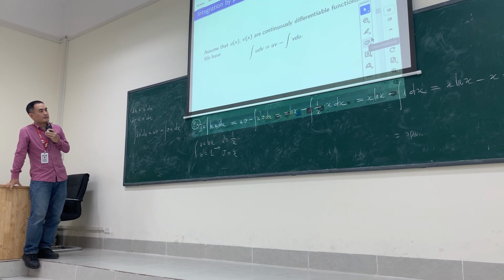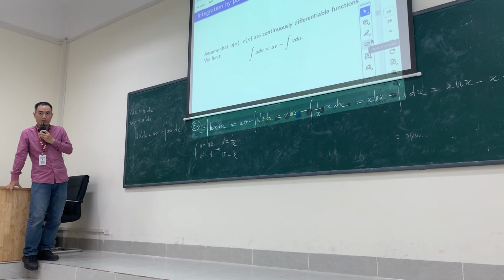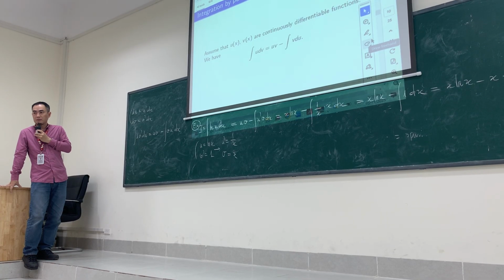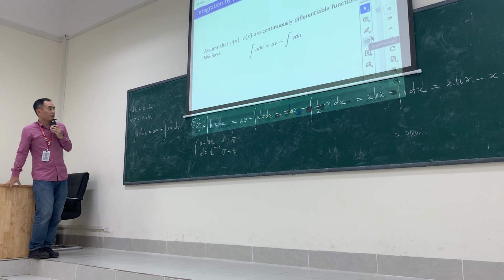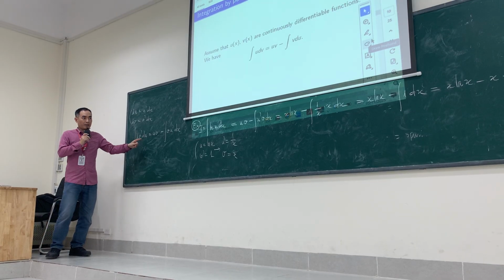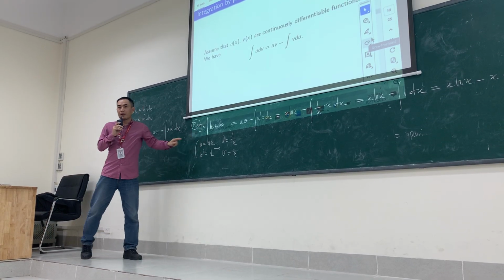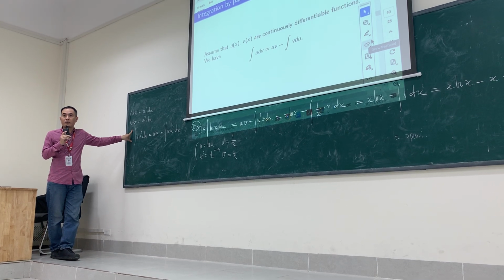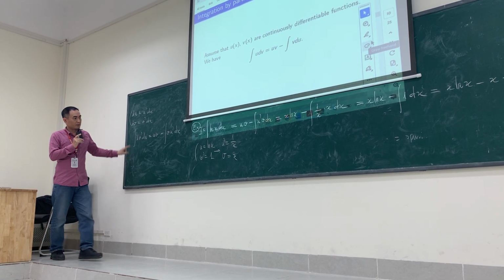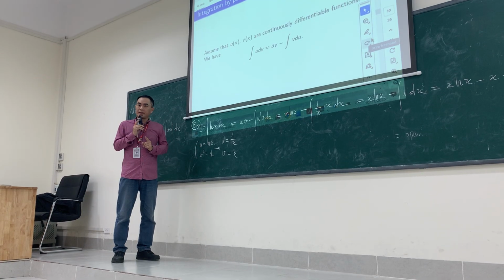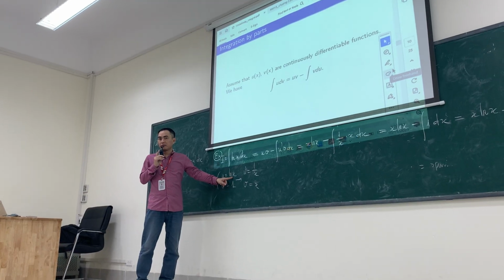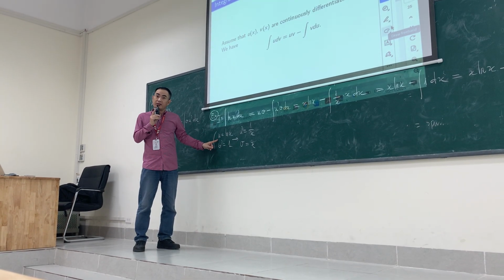Okay, we have the question: for which integrals can we use integration by parts? Based on the formula here, let's see, attention. u equal natural logarithm is a complicated function.